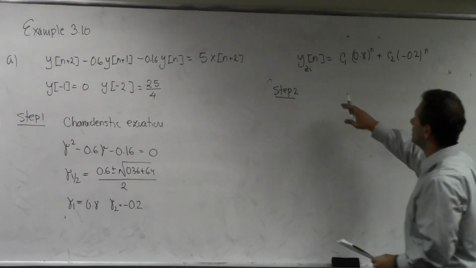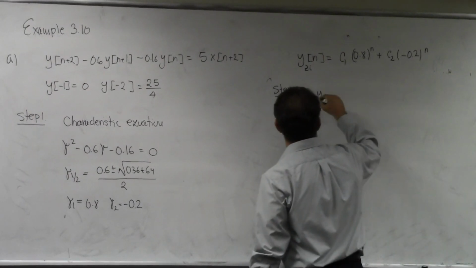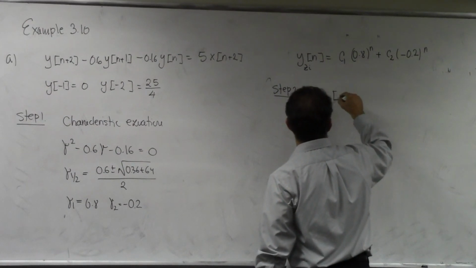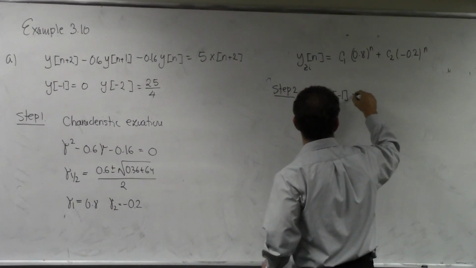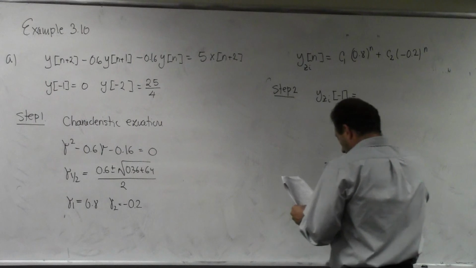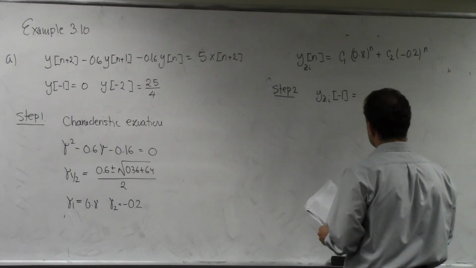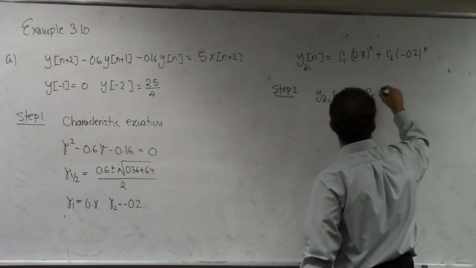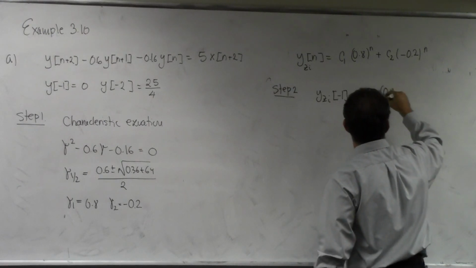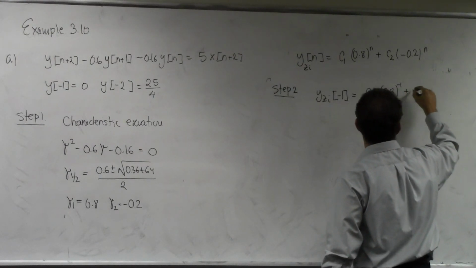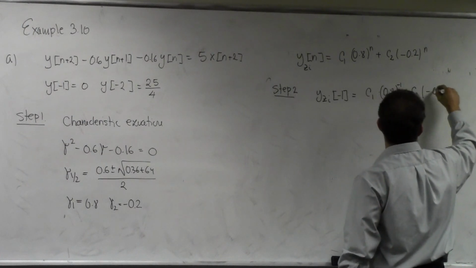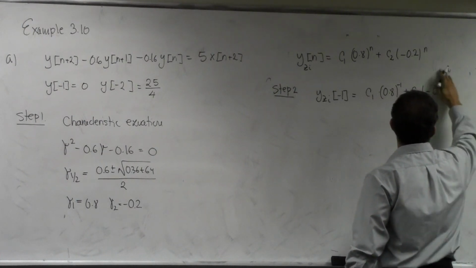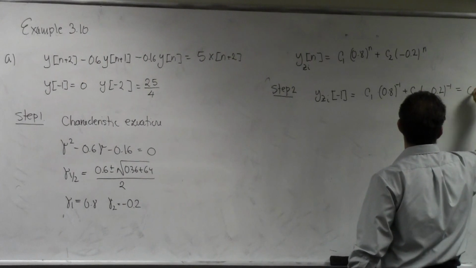Applying initial conditions here, y zi of minus 1 is equal to C1 times 0.8 to minus 1 plus C2 times minus 0.2 to minus 1. This has to be equal to 0.